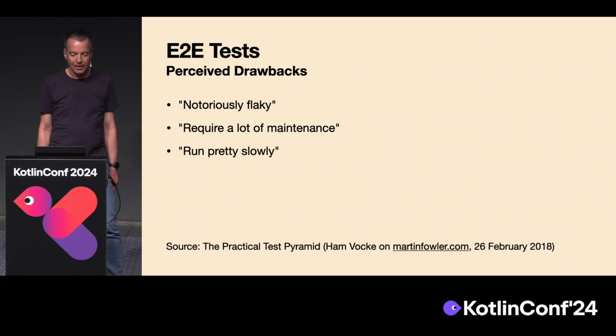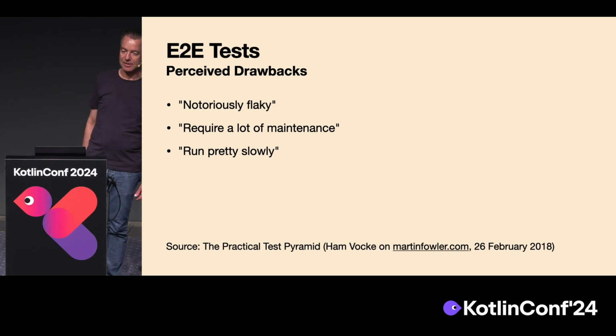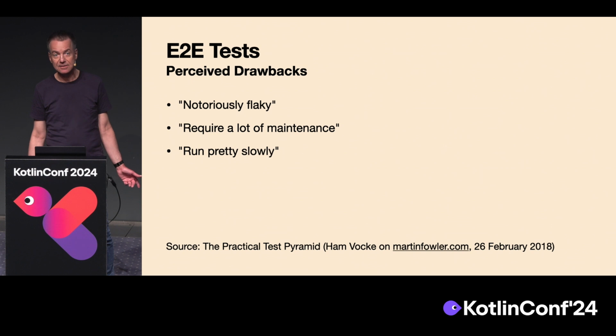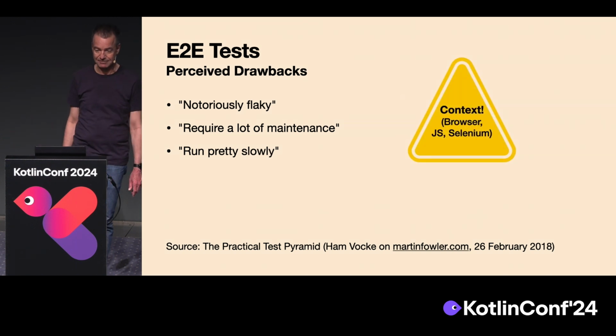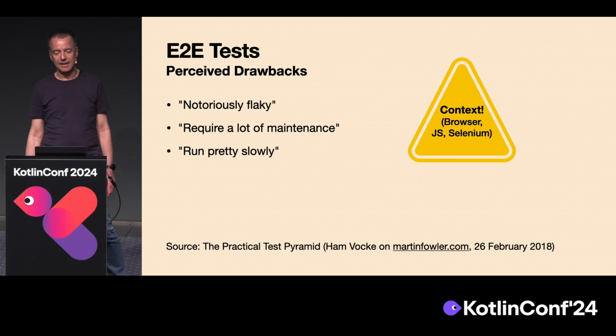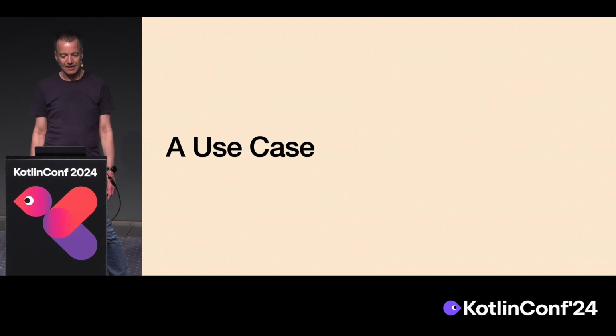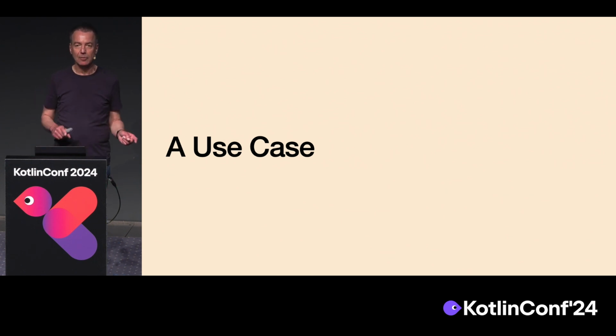But as always, these claims depend on a specific context, and the article was based on experience with browser-based tests using Selenium. So, context matters. Let's look at a use case. I have an example app which does collaborative text editing, and relax, the code for everything I'm showing now is available for you on GitHub.